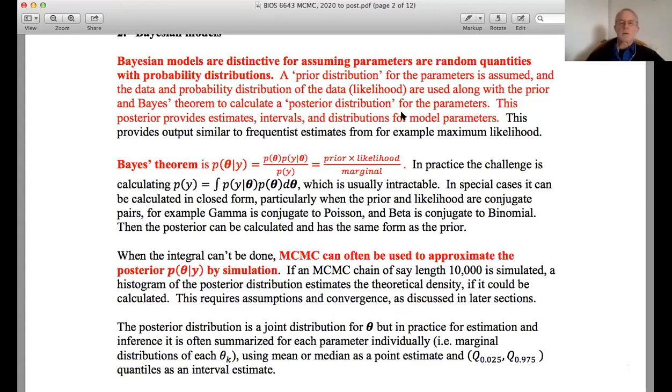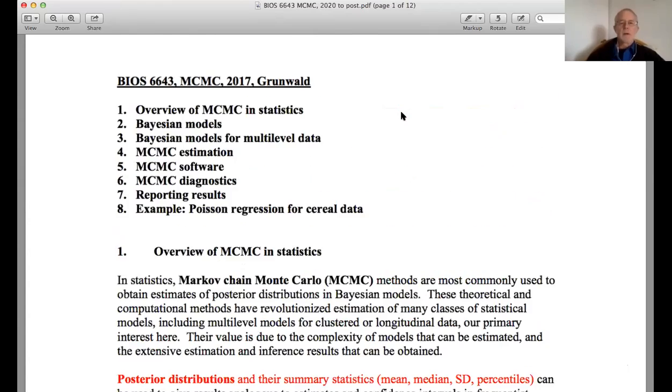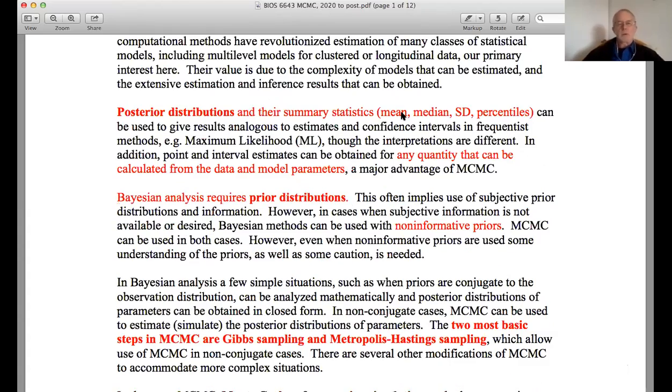Okay, so it's a little bit of a jump ahead. But the way this works is we will get the posterior, in other words, the best estimates of the parameters using the data. The thing is, we won't get formulas for them. We'll get histograms. Essentially, that's what comes out of MCMC.